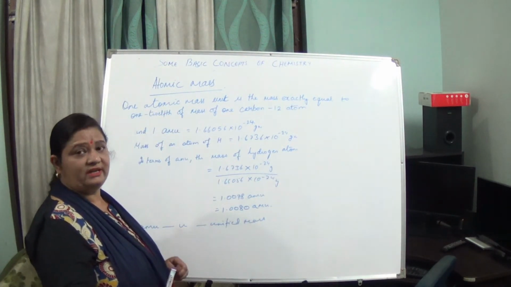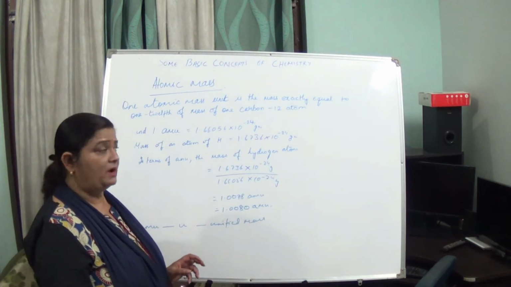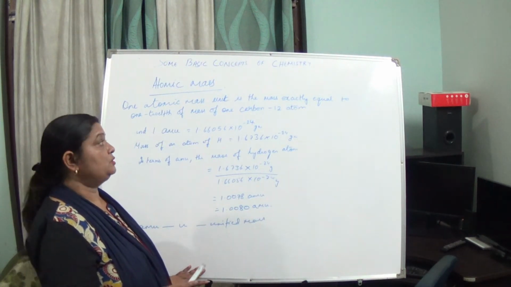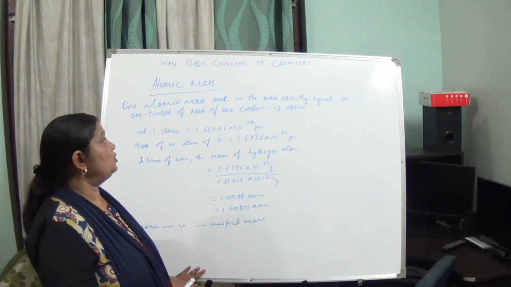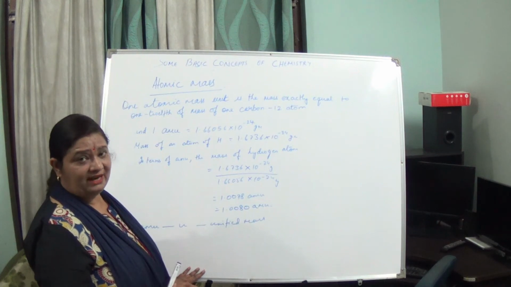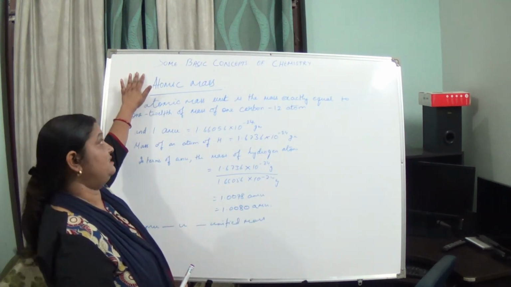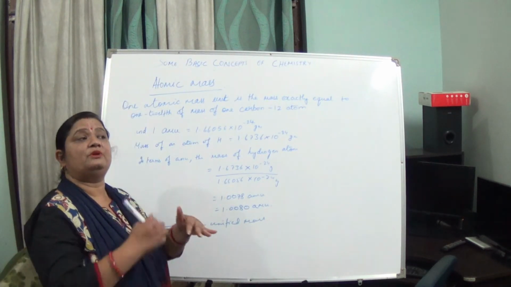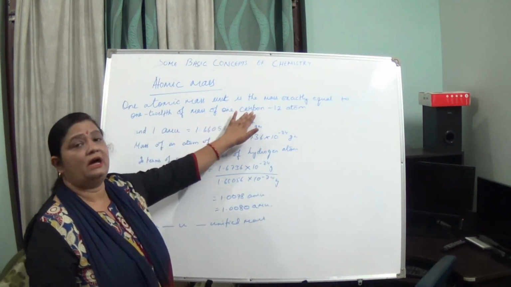In this 20th century many modern techniques are there to find out the atomic mass, but in the 19th century they were not. So finding the exact atomic mass was very difficult. So the scientists used to find the relative atomic mass. Basically, when we talk about atomic mass here, it is the relative atomic mass. Why do we say relative atomic mass? Because here it is being compared with 1/12 of the mass of carbon 12.